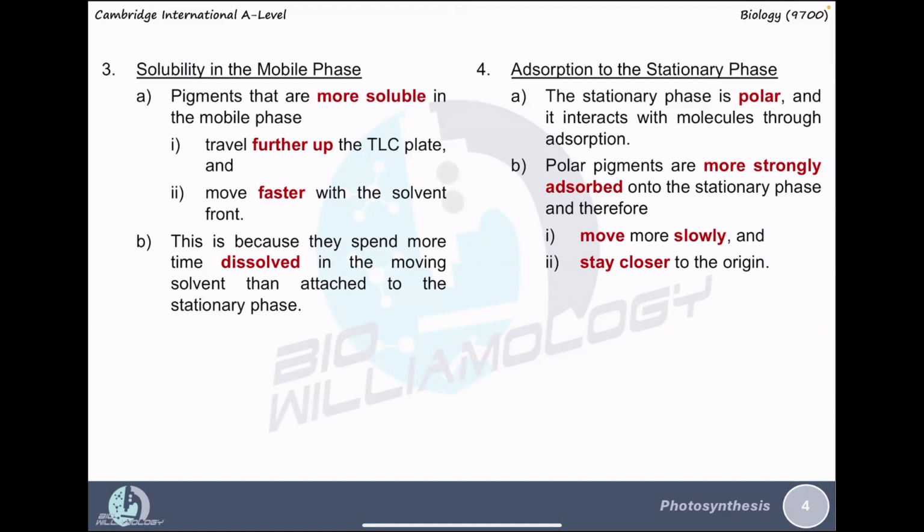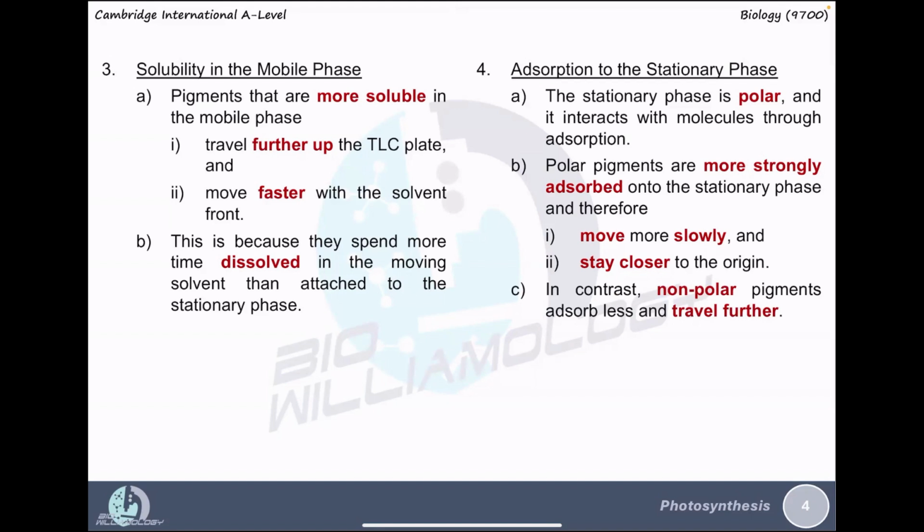Imagine that when you go to a mall and go into every shop, shop A, shop B, shop C, and so on, you spend more time to reach your destination. The same goes for the pigment. If the pigments interact well with the stationary phase, the silica gel, they move slower and stay closer to the origin.